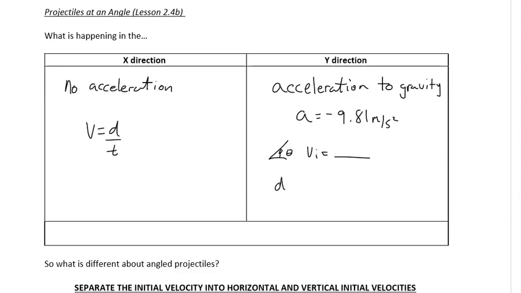The formulas we'll use here are going to be like d is equal to vit plus 1/2 at squared, or a is equal to delta v over t, etc. But there is one thing that is constant in both the x and the y direction, and that is the time. Whatever's happening in the x direction is also happening in the y. Both these things in the blue and the green are happening at the same time, leaving us as a result of the red.